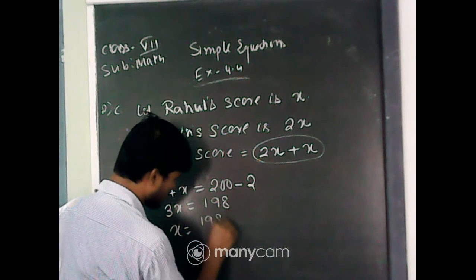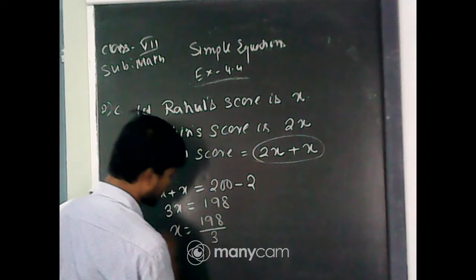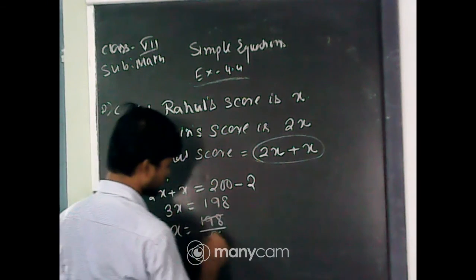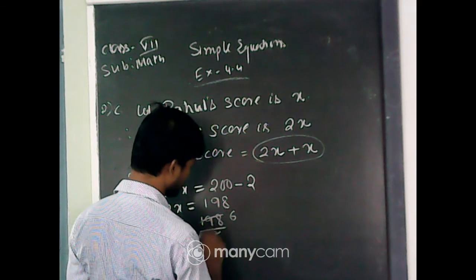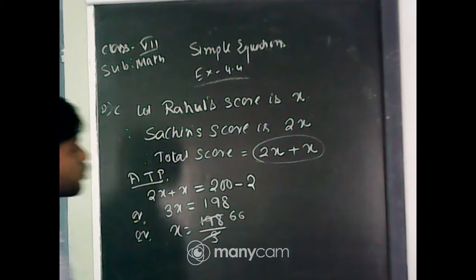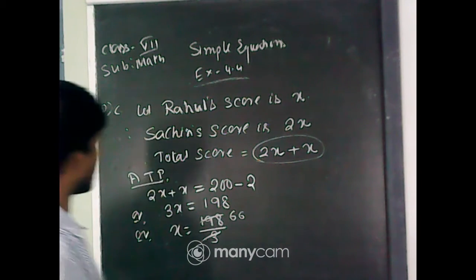So from here, what will be the value of x? The value of x will be 198 by 3. Now do the calculation. I think the result will be 66. Means the score done by Rahul is 66. Then find the score done by Sachin.